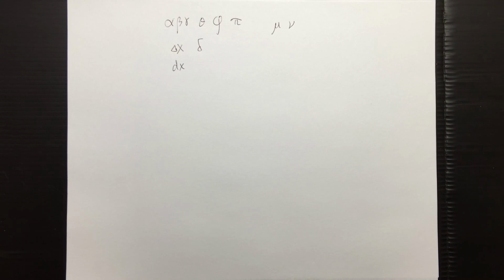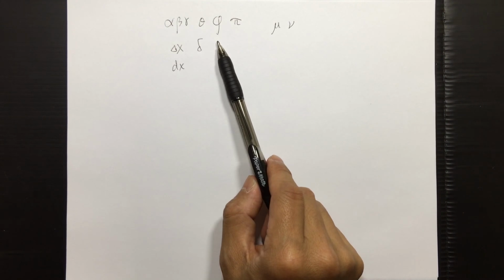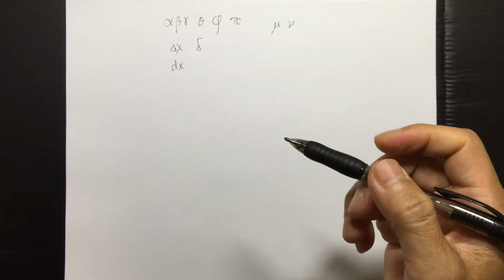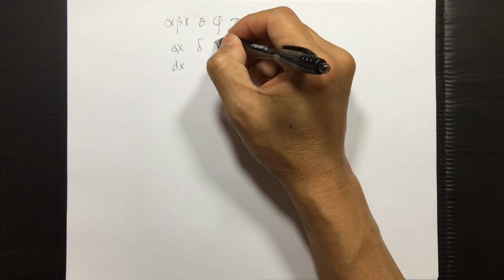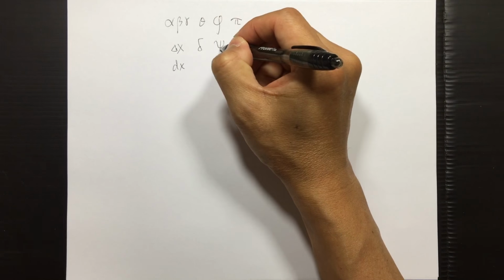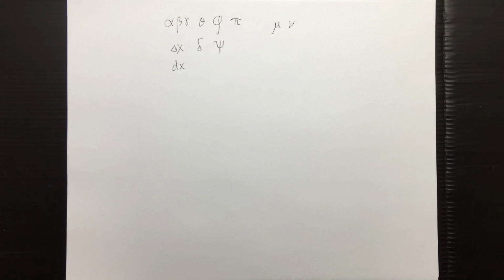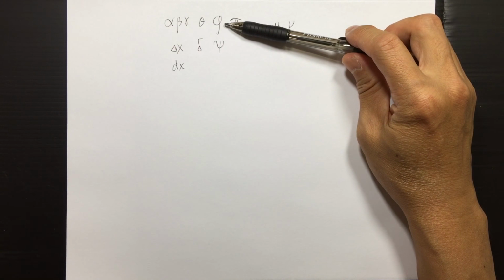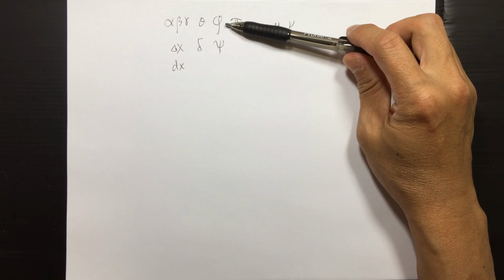But since we're talking about this, there's a couple of things I want to point out. This is called a phi. There's another letter that looks like this, very similar to it. This is normally used to denote an angle.